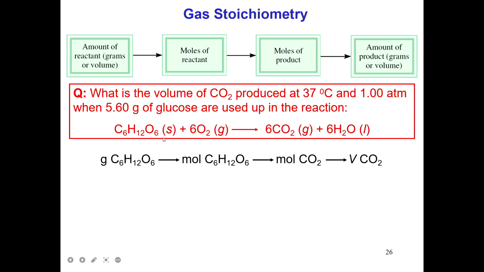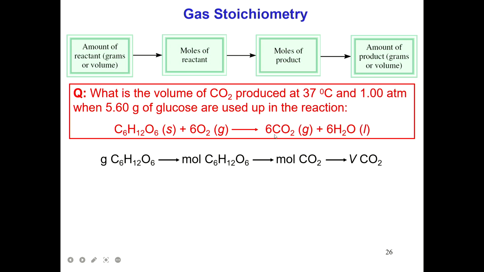we can get the mole number of the product, right? Because 1 mole of this reactant will produce 6 moles of this product. So when we know the moles of this, we can get the moles of this.